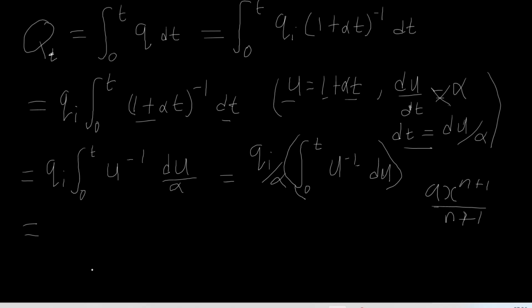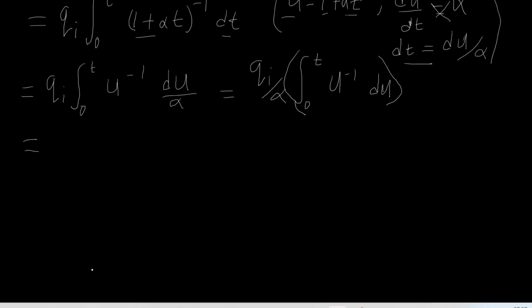So the truth is that in integration, whenever you see anything raised to the power of minus 1 and you integrate it, it is simply the natural log of that value. So our answer will be qi over alpha multiplying the natural log of u, from t to 0.